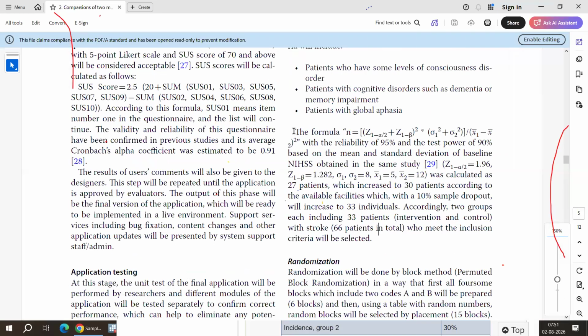The formula is n equal to (z1 minus alpha by 2 plus z1 minus beta) squared, multiplied by (sigma 1 squared plus sigma 2 squared).